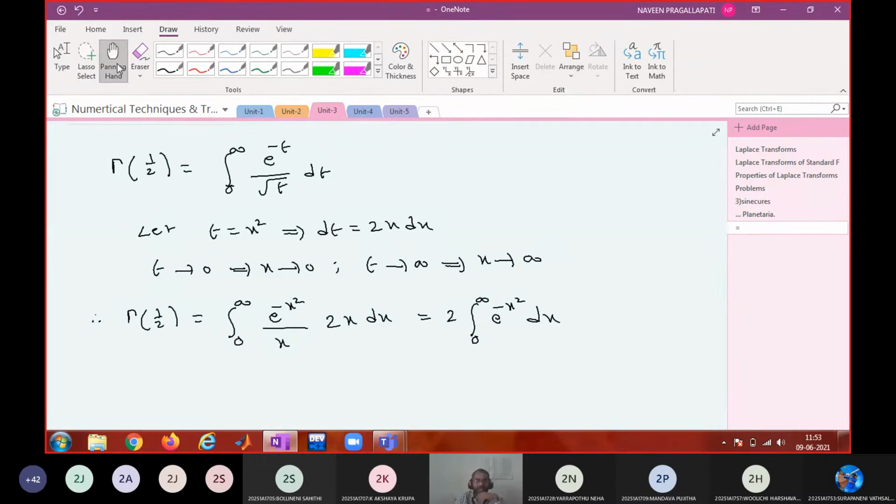So we are at this stage, e power minus x square dx. If you can integrate this one, if you know this value, our work is over. Now the question is how to evaluate this integral. I hope you know through multiple integrals knowledge.